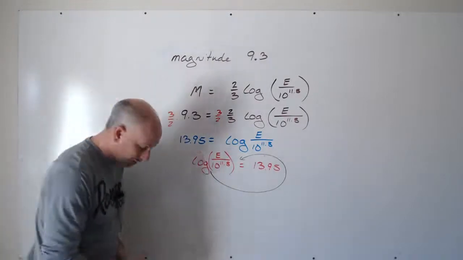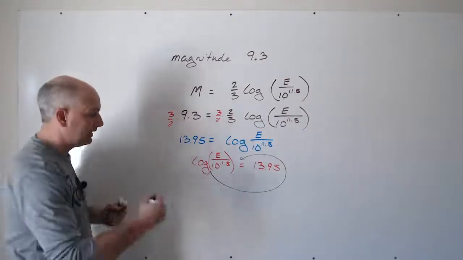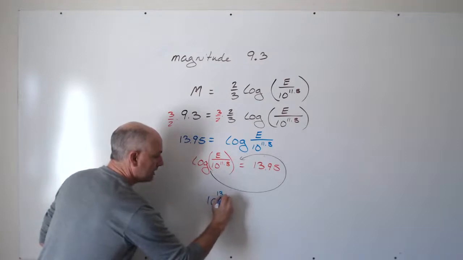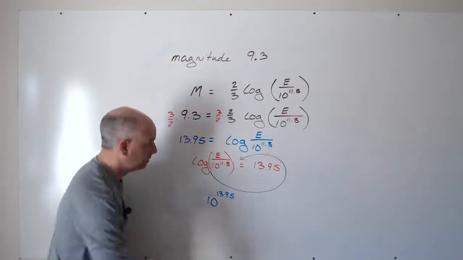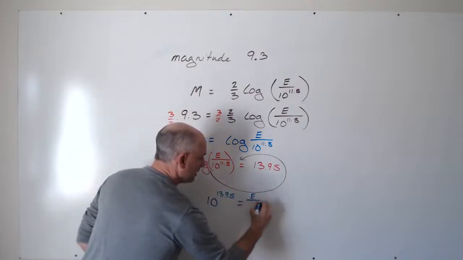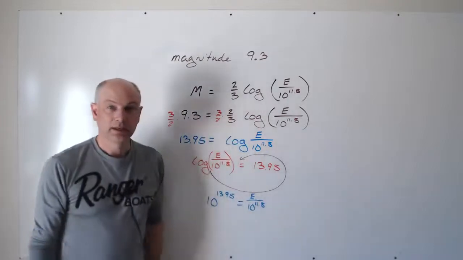Now I know I'm running low on a board here, but what this would allow me to say is the following. 10 to the 13.95, ooh, that's a big number, is now equal to e over 10 to the 11.8 power.